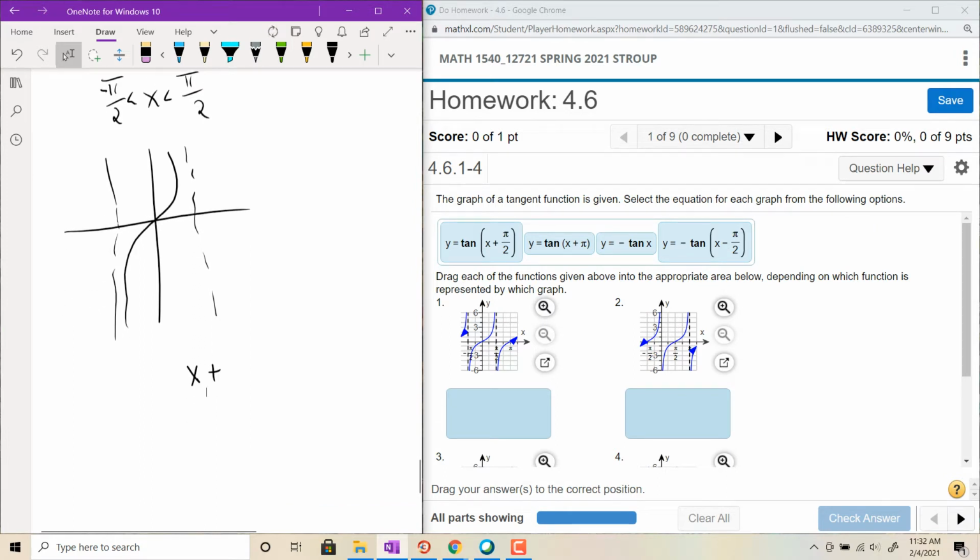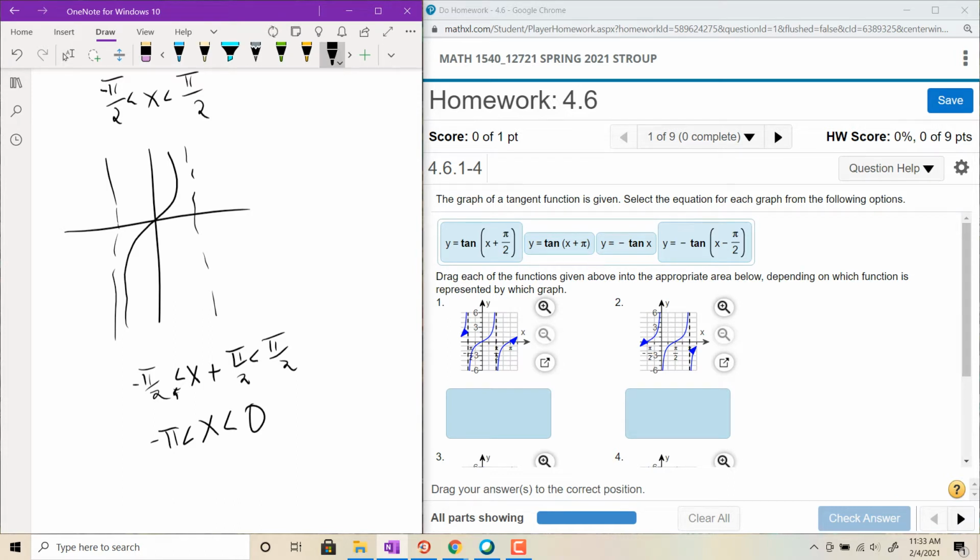Okay, so tan of x plus pi over 2. It should just be less than pi over 2. Subtract pi over 2 from all three sides. You get negative pi over 2 minus pi over 2, which is 2 pi over 2, which is negative pi, less than x, less than 0.